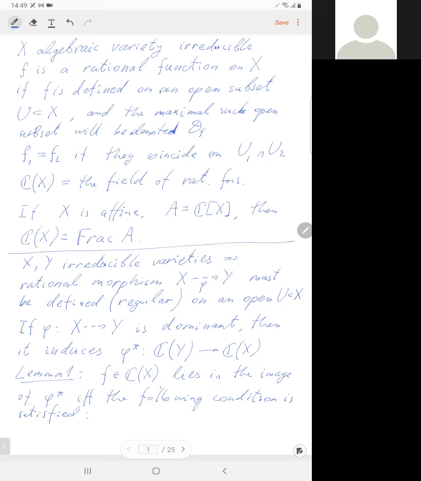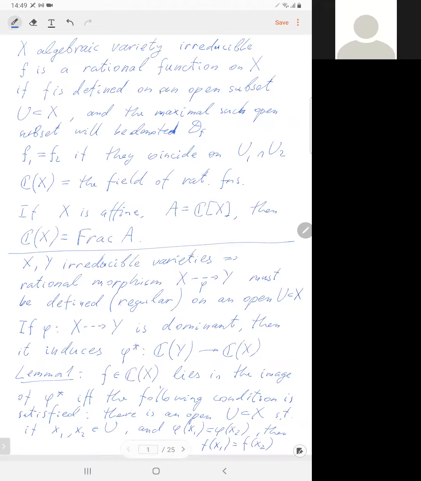Suppose we have two points of X. There is an open subset U in X such that if two points x1 and x2 lie in this open subset, and phi of x1 equals phi of x2 (in particular, this open subset is in the domain of phi), then necessarily f of x1 equals f of x2.